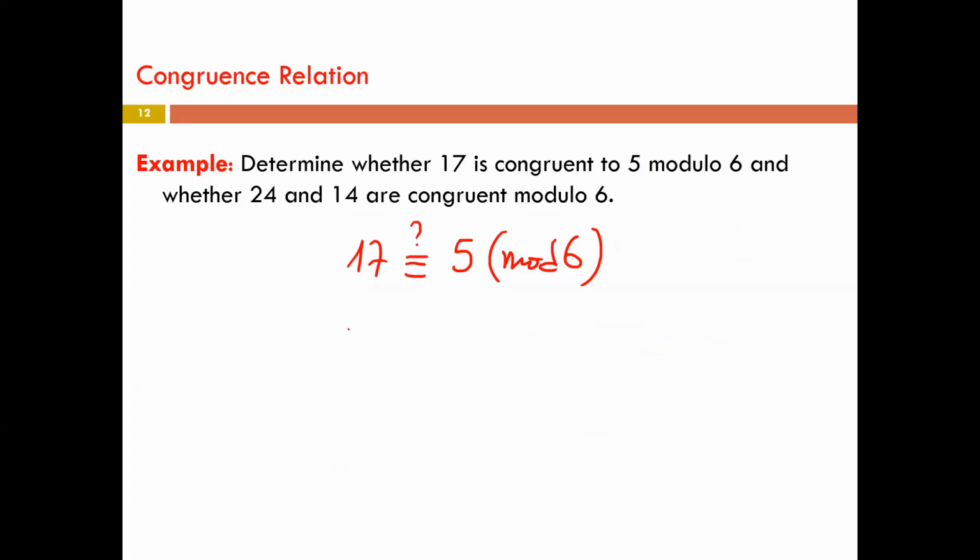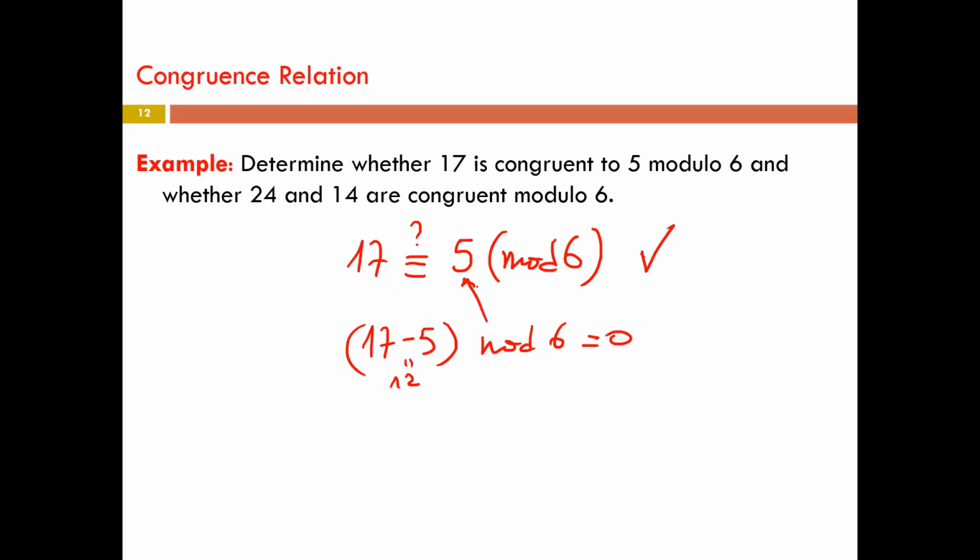Yes, it is. Why? Because 17 minus 5 is 12, and 12 mod 6 is 0. So yes, 17 is congruent to 5 mod 6.